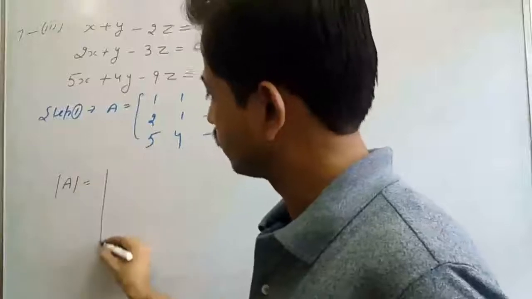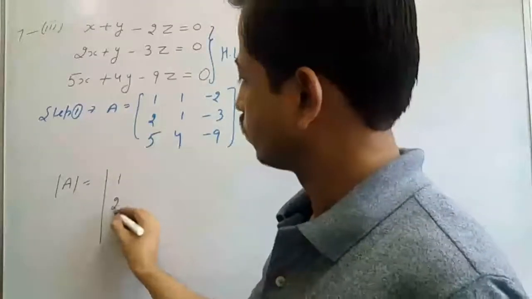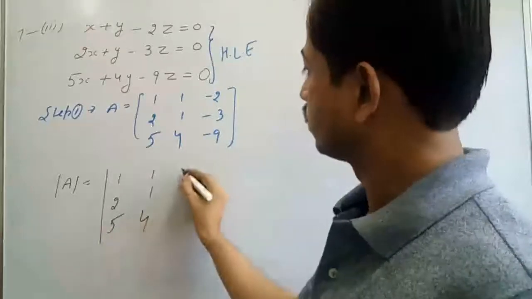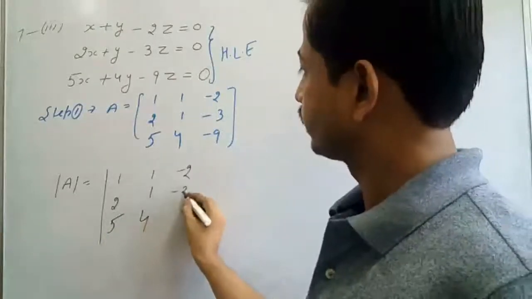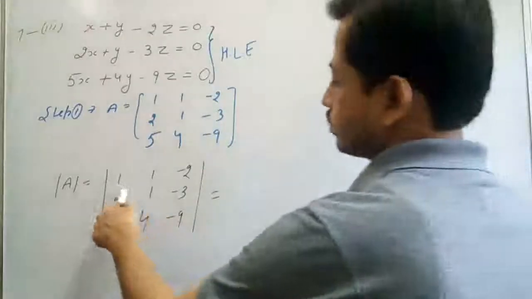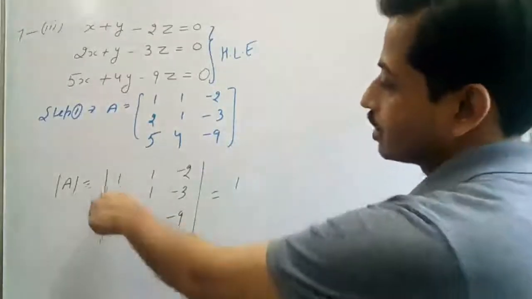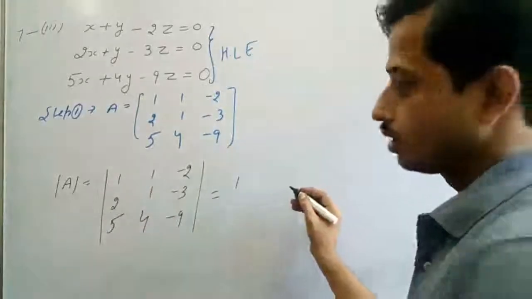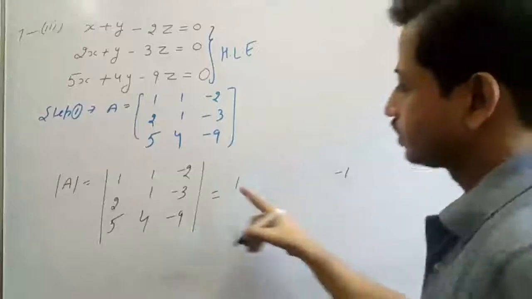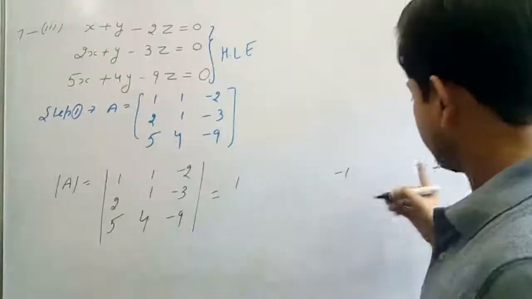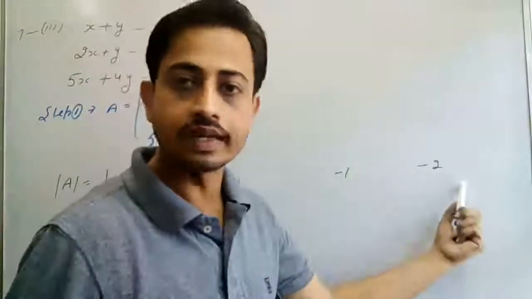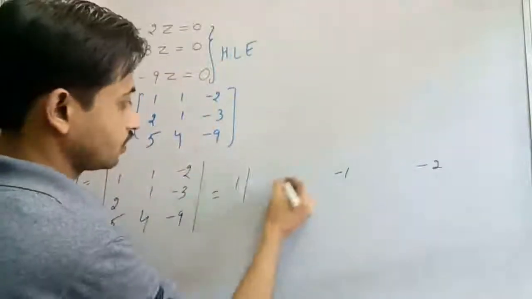The matrix 1, 2, 5, 1, 1, 4, minus 2, minus 3, minus 9. Now solve this. First we write the first, because I am going to expand along R1: 1, minus 1 and minus 2. This is positive, this is negative, and this is again positive, but the sign of 2 is negative, so that's why I am writing negative 2. Now solve this.